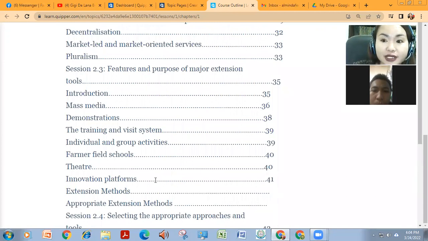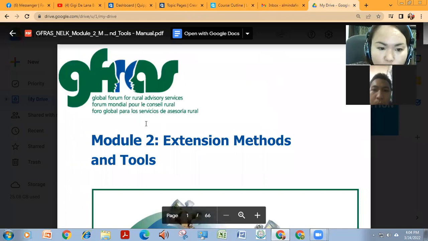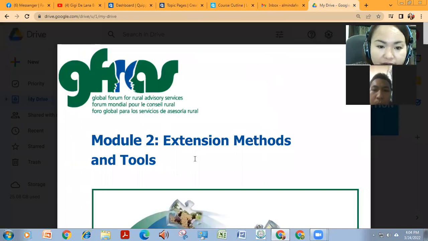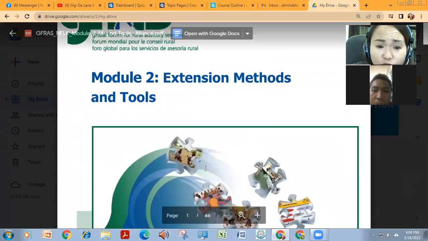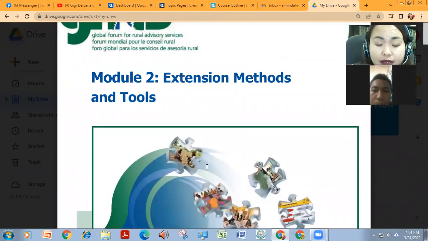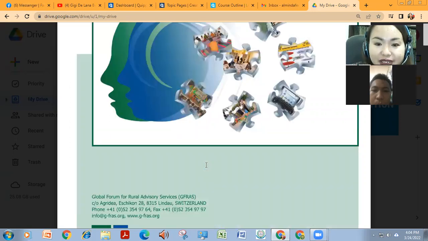So I will just insert this, which is not part of this book, because this is a book published by Global Forum for Rural Advisory Services. So actually this is just part of their module, and these are all module 2 extension methods and tools.